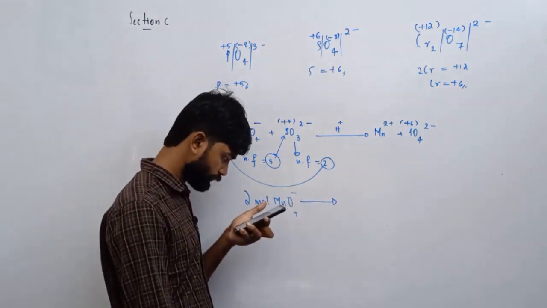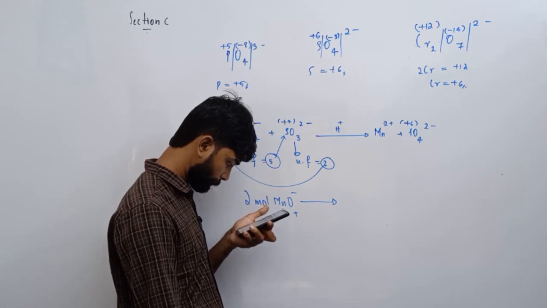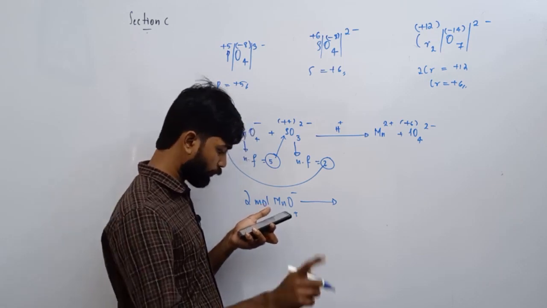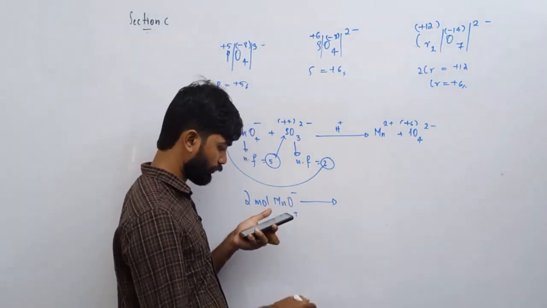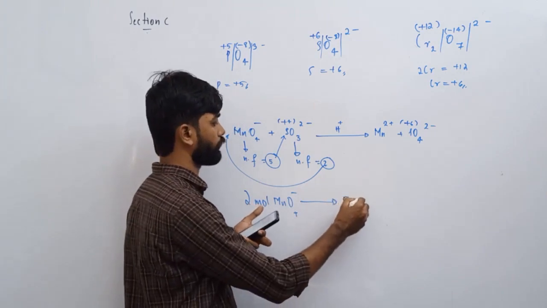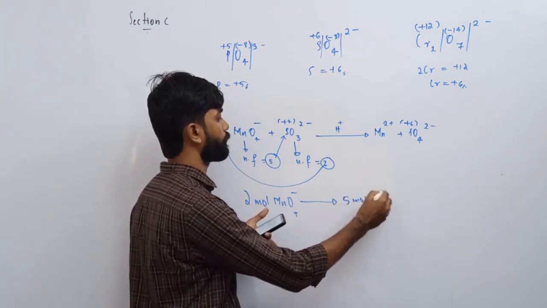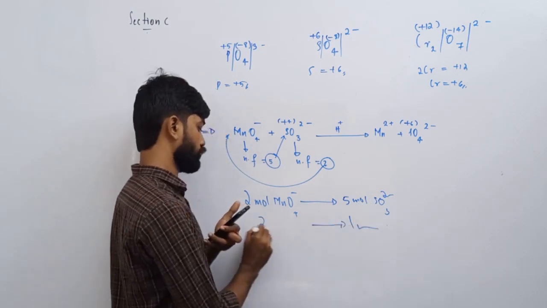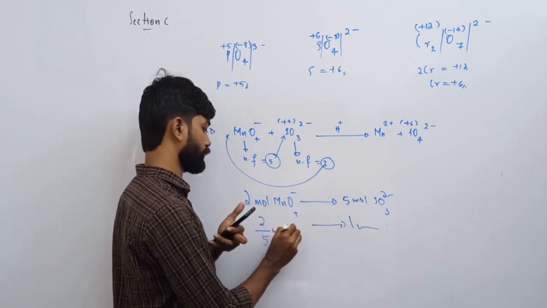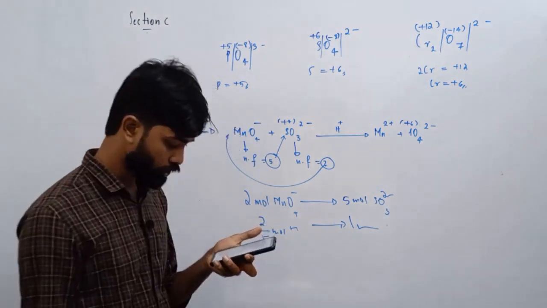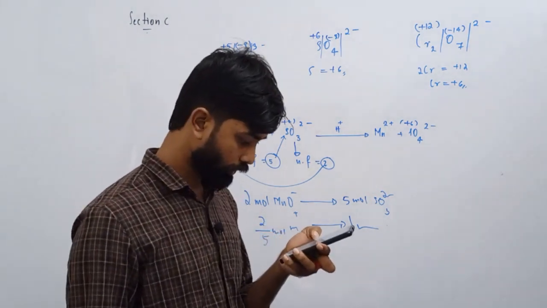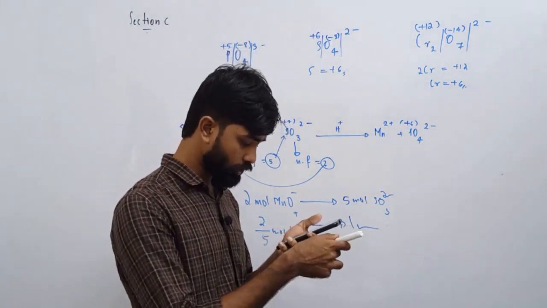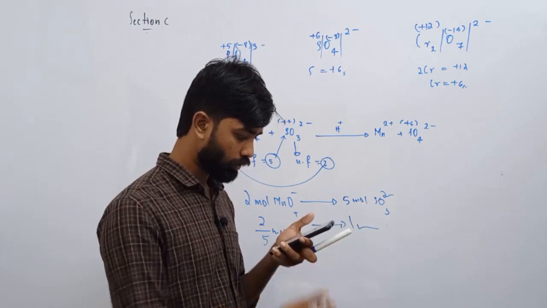What you are asked is how many moles of MnO4 minus for 1 mole of sulfite ion. So 1 mole of sulfite requires 2 by 5 mole MnO4 minus. So there is the choice, choice 4.